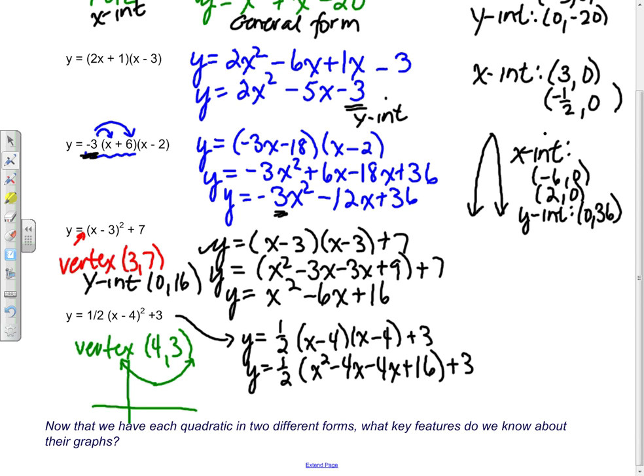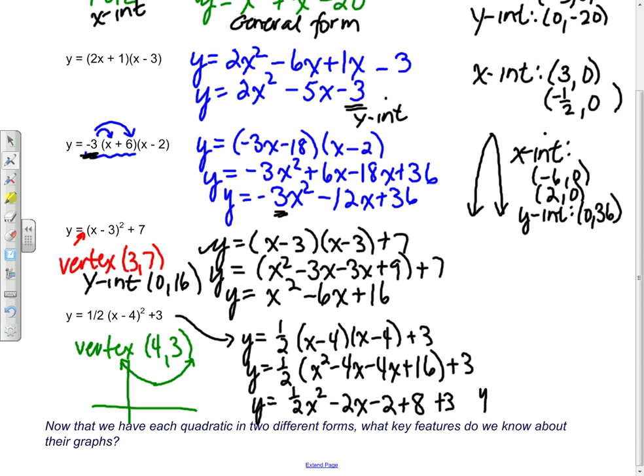Now order of operations would say I should do the half next. That means everything in my bracket will get multiplied by a half. A half x squared minus 2x plus 8, then plus 3.